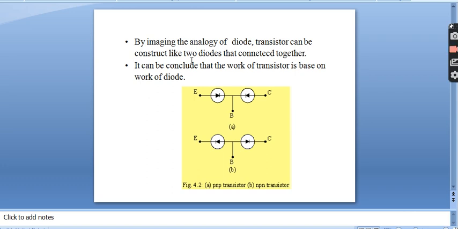It can be concluded that the working of a transistor is based on the working of a diode, because the back-to-back connection of two diodes forms a transistor. That is why the working of a transistor totally depends upon the working of a diode.